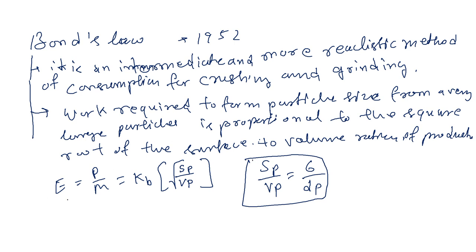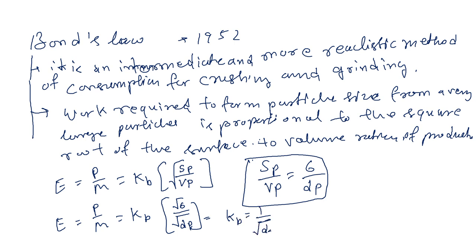So we can rewrite this formula as E is equal to P by M is equal to kV times root 6 by dV, and kV is equal to 1 by root dV.